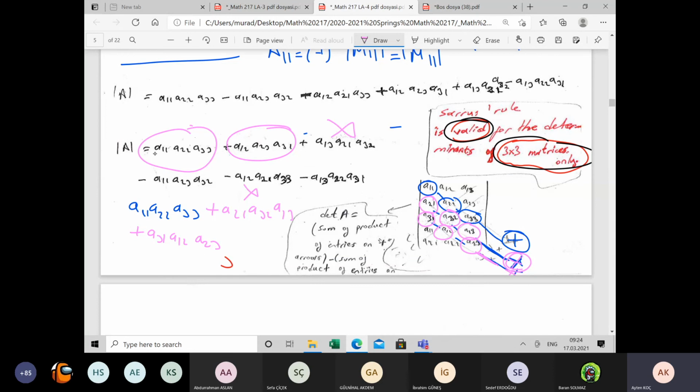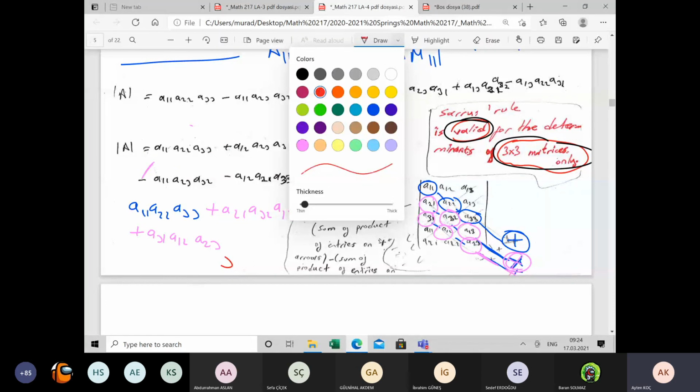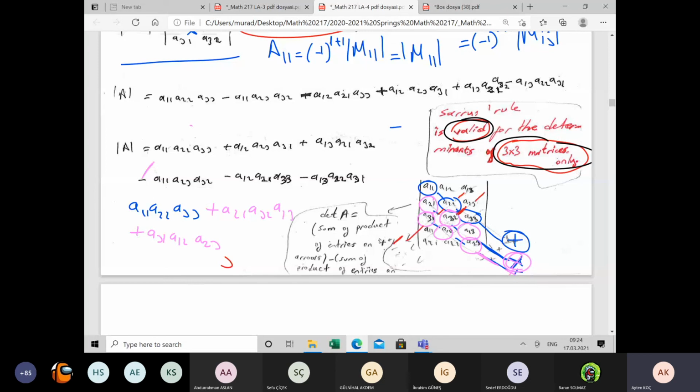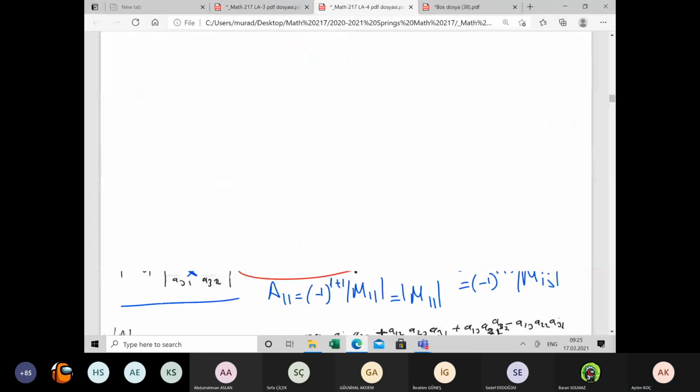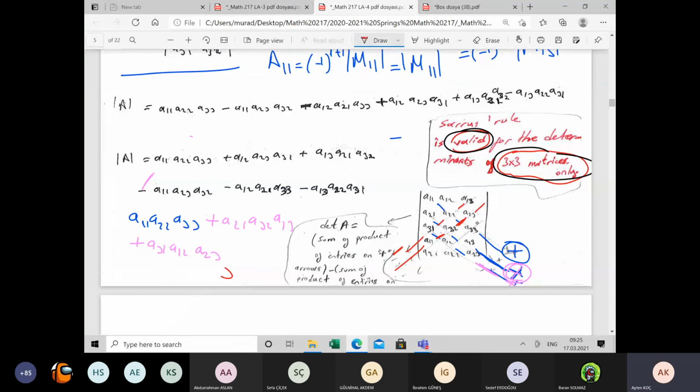It's okay. And also now sketch the other lines, the negative lines. This one gives a minus line, another minus line. And the last line, this one has a minus sign.